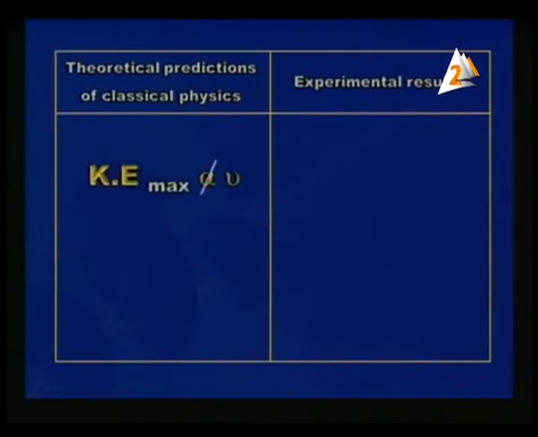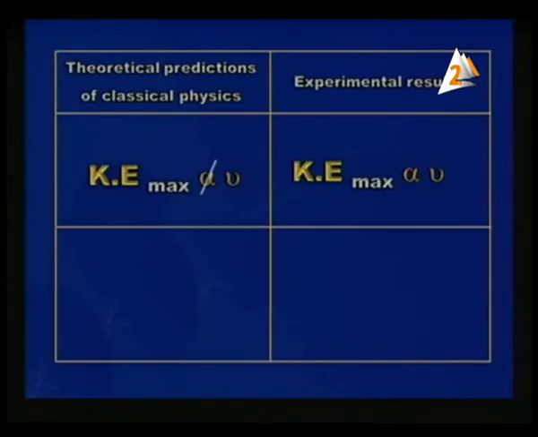Also, according to the theoretical prediction, the kinetic energy of the ejected photoelectrons should not be proportional to the frequency, and it should be proportional to the intensity. Actually, the maximum kinetic energy is proportional to the frequency. It depends on the frequency of the incident radiation.